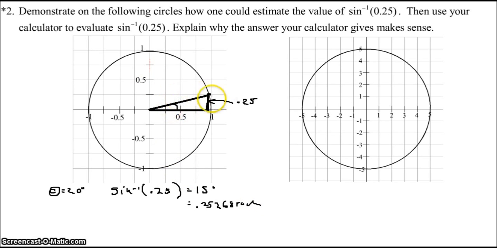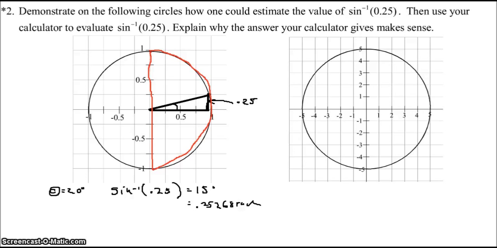Let's see, you might want to notice that this is the same vertical distance here, so we could consider the angle that goes all the way around, but with the inverse sine function we restrict the domain so that we only care about this right semicircle, so that we don't have multiple inputs with the same output.